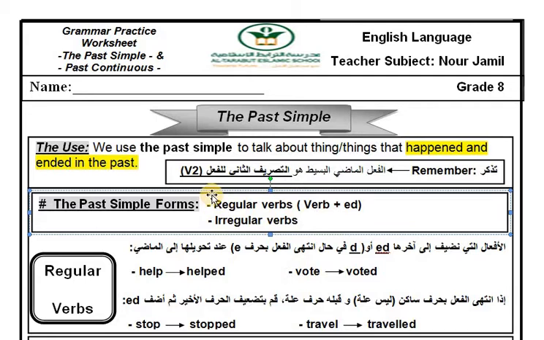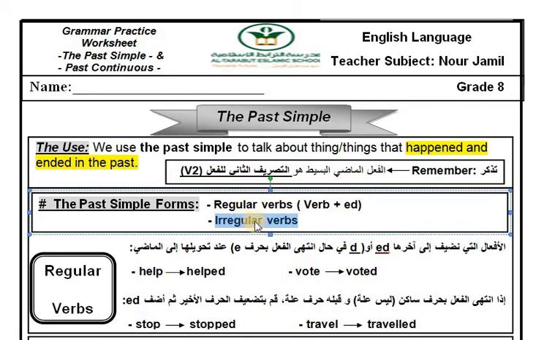Do you remember the difference between regular verbs and irregular verbs? Yes, of course. Regular verbs الأفعال المنتظمة which ended with ed هي الأفعال التي تنتهي بالed. But irregular verbs غير منتظمة which means لا تنتهي بed.